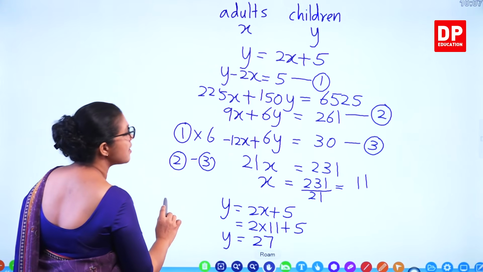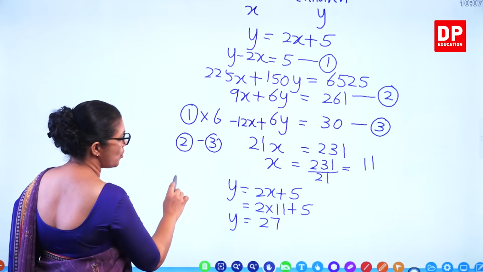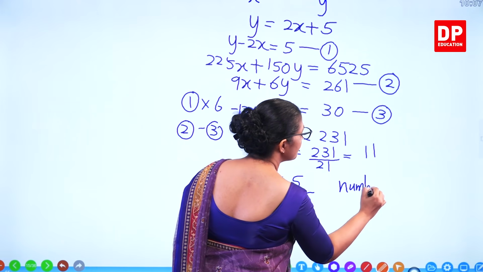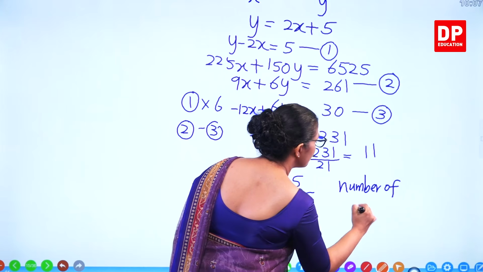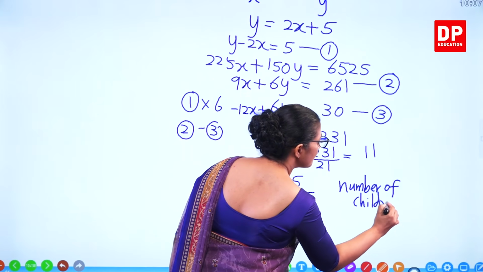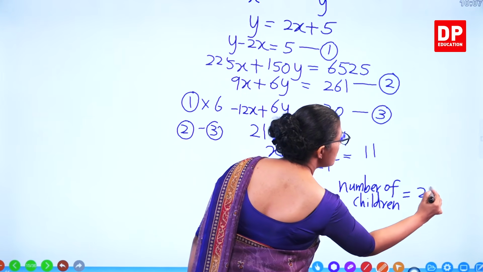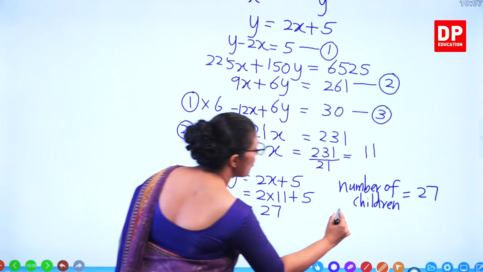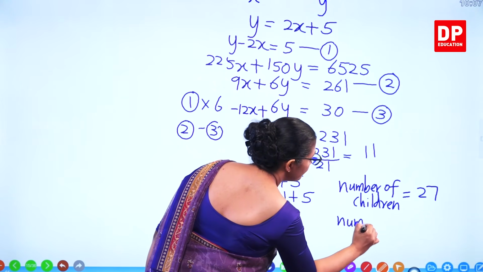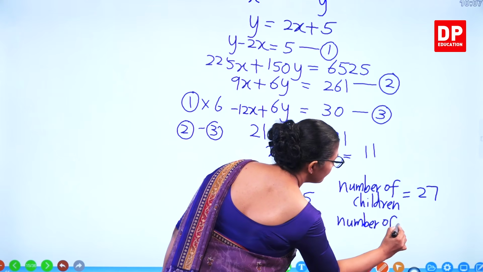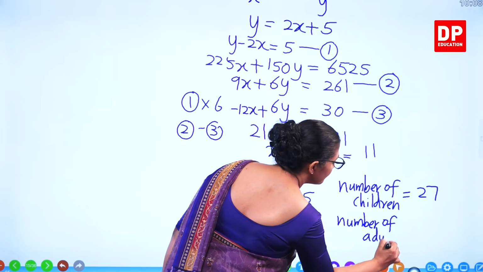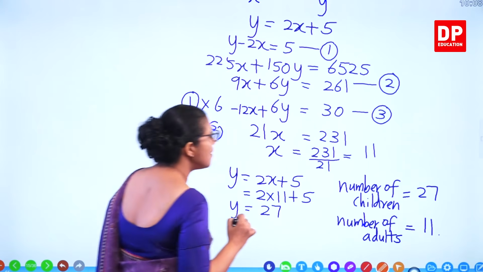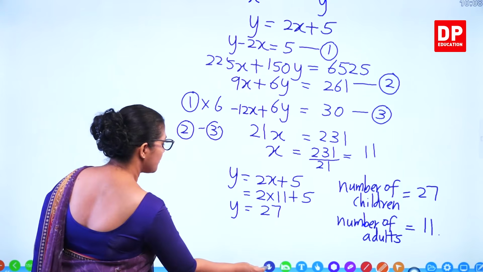So you can write number of children 27, and x is 11, number of adults 11. So that's the final answer.